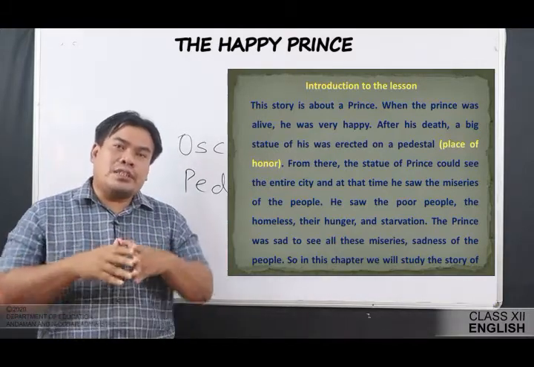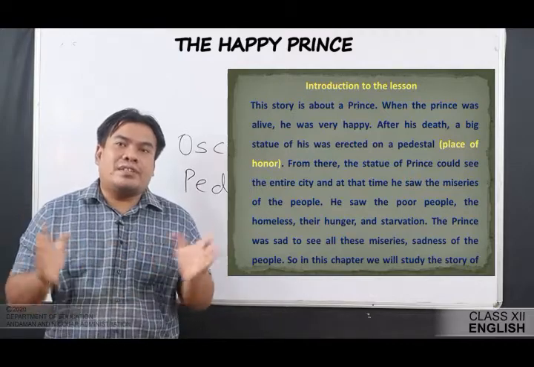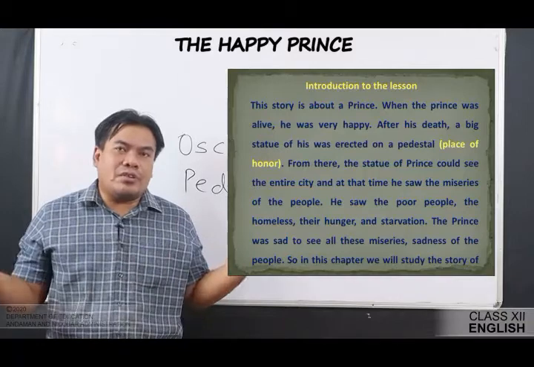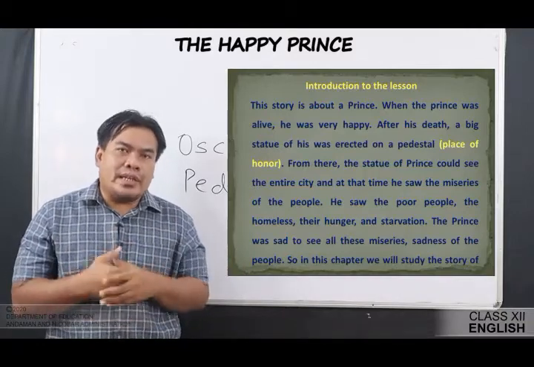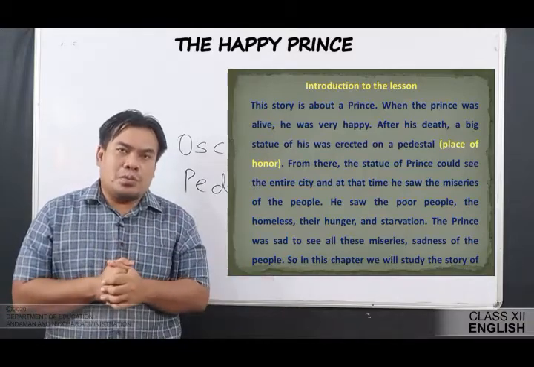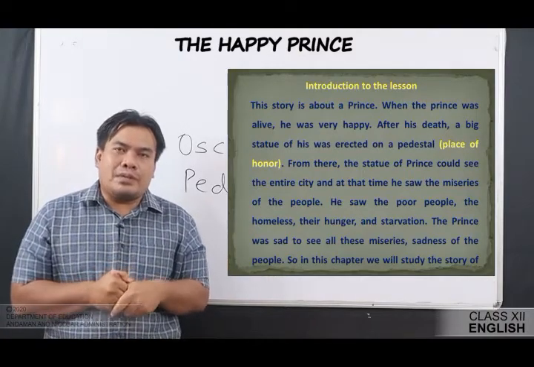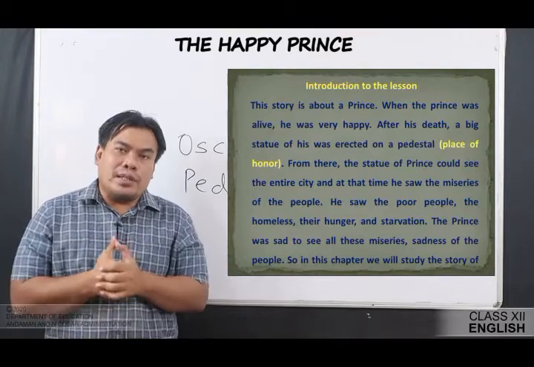How was he able to see everything when it was just a statue? So let's get to know what had happened to the statue, and how the statue was able to see everything.